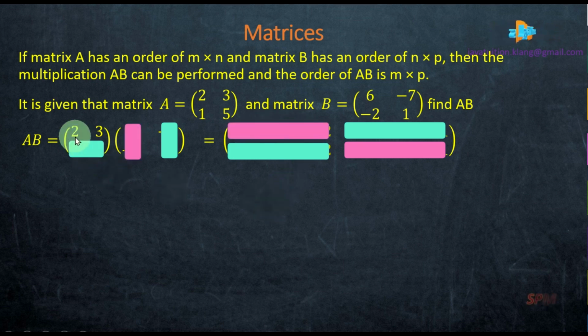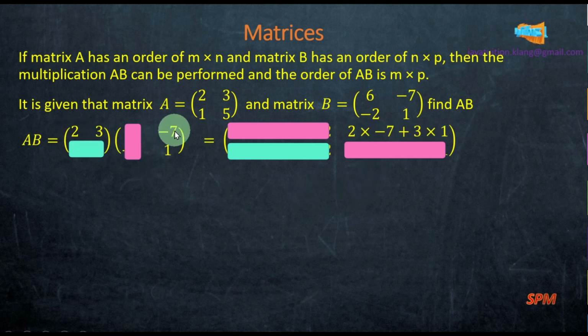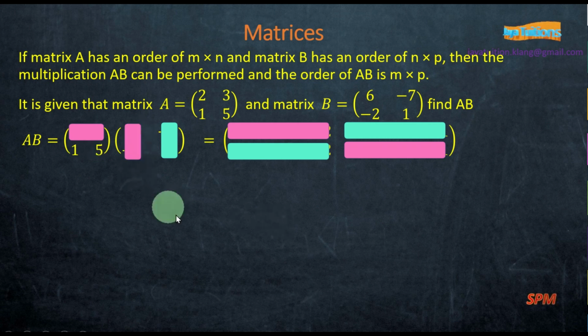Next is first row and second column. If you try to do it, 2 times negative 7 and 3 times 1, you will get this particular element. Add both the parts. Now we go to the second row and first column.